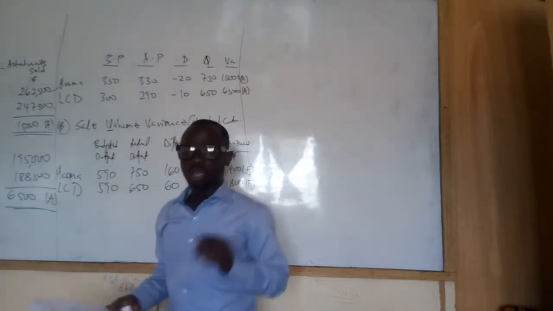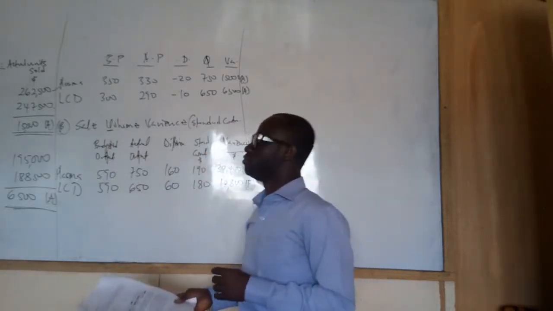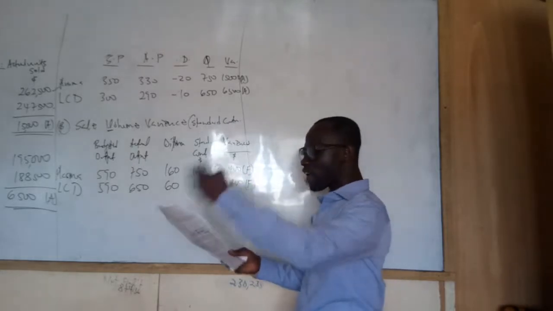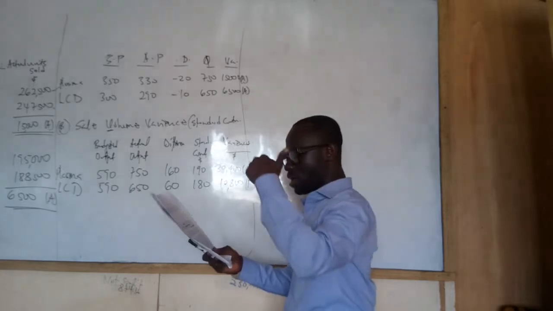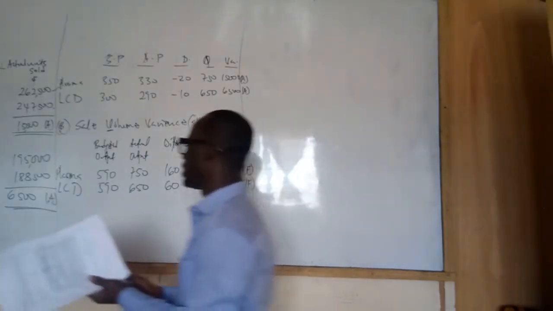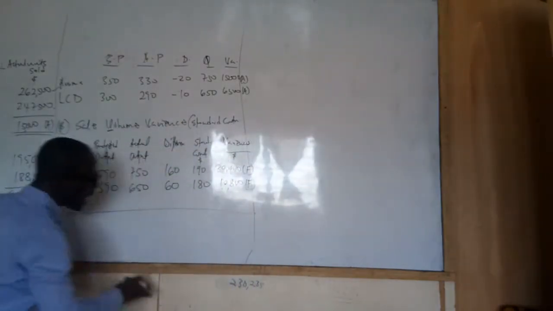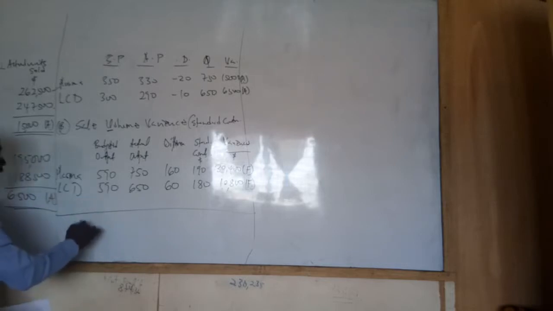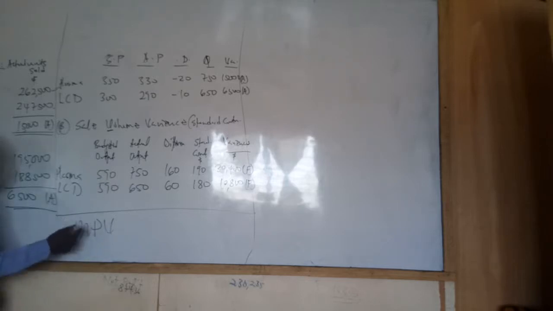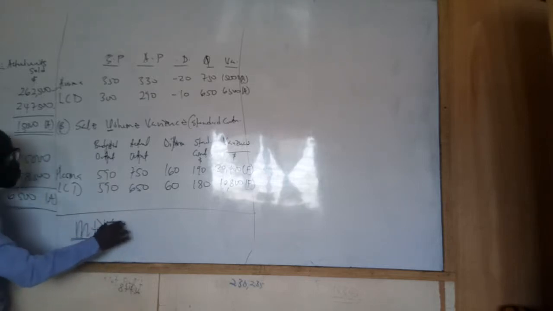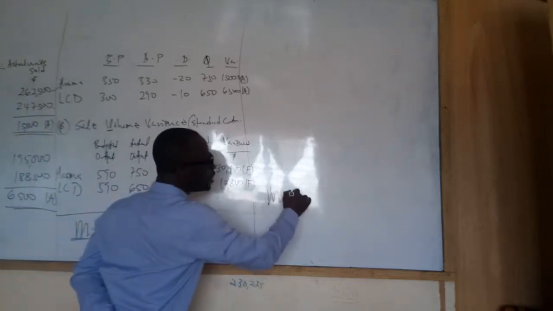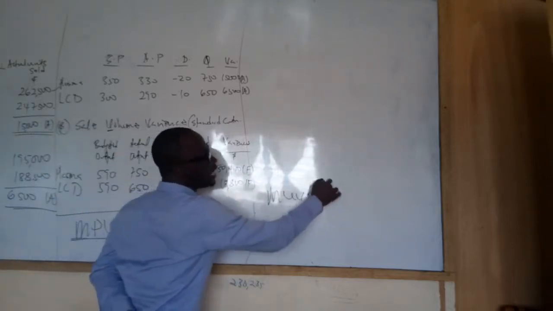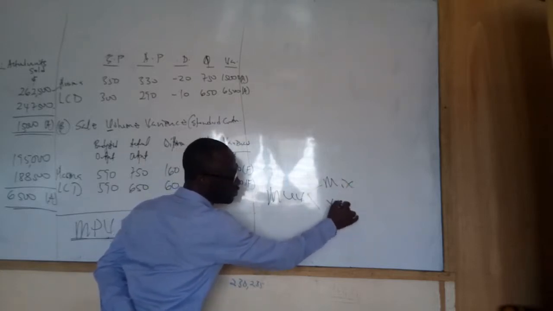Good. Remember I told you that the reason why material price planning variance and material price operational variance are done is that they are actually a breakdown of what we call the material price variance. If we want to really understand the material price variance, we have to separate it into each component, like the material usage variance component, the mix and yield variance.